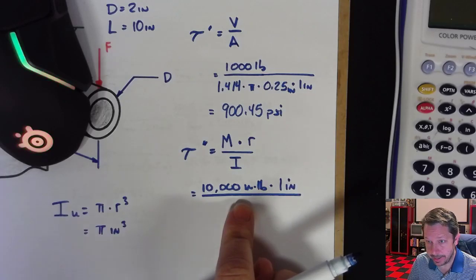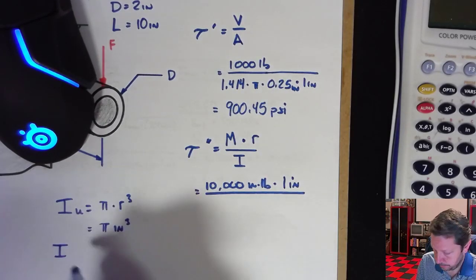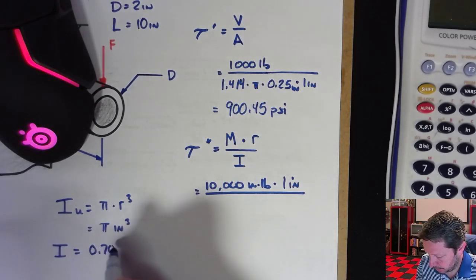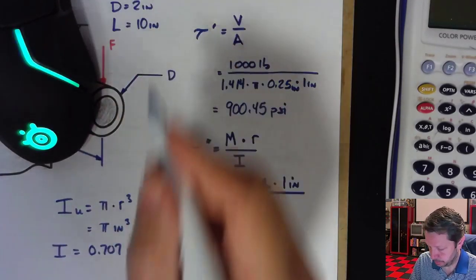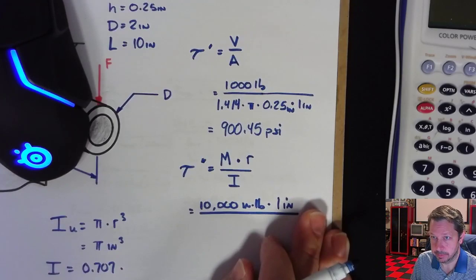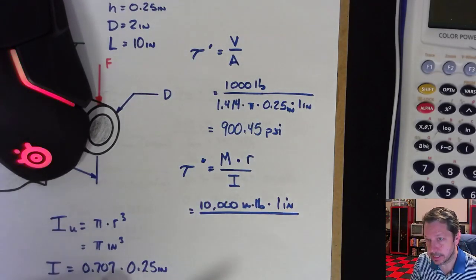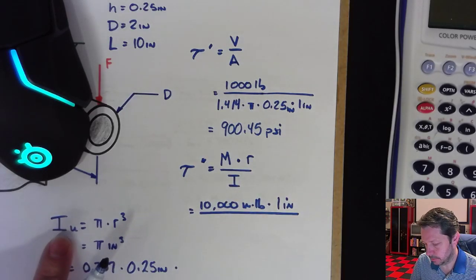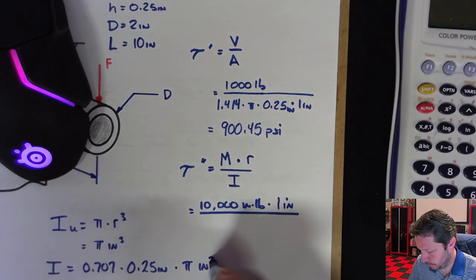Over here I need I, so you do that the same way that you did before. I equals 0.707 times our weld size h, which is 0.25. It's off the top of your screen, right there. So this gets the throat times that unit moment of inertia, which was just pi inches cubed.